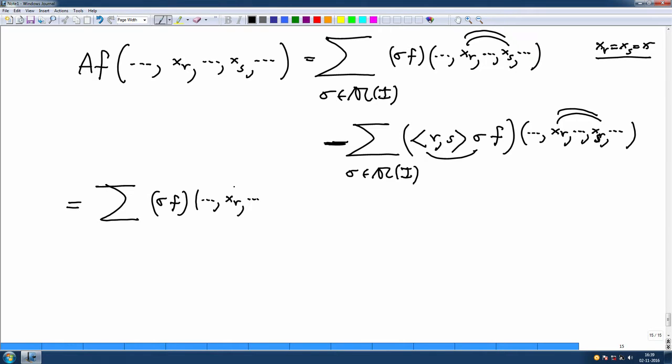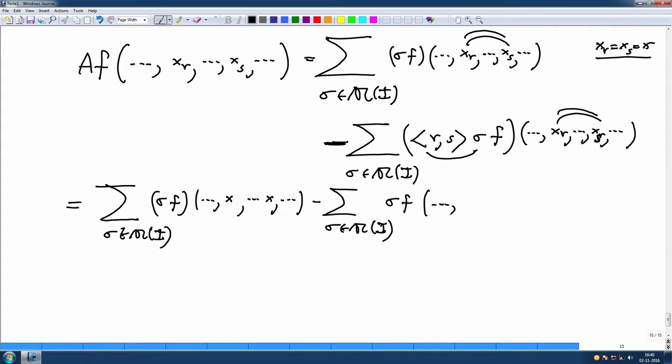Then this will be x, this is also x, this with the minus sign, sigma in A_I, this sum is also sigma in A_I, and then this will be the same as sigma f evaluated on x and x, because when you interchange the rth and sth coordinate it doesn't change. This will be f of x, this will be f of x, so it doesn't change.